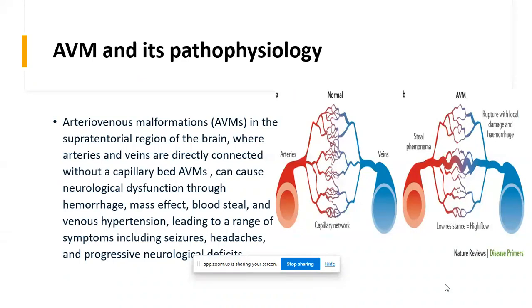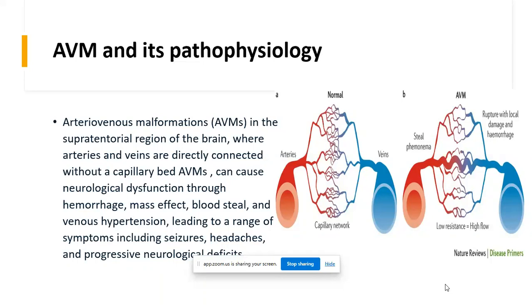This can lead to neurological dysfunction through hemorrhage, mass effect, or blood steal. If the hemorrhage is in the subarachnoid space, it may manifest as subarachnoid hemorrhage. If it is in the intraventricular space, it might manifest as an intracerebral bleed. Symptoms can present as a sudden or severe headache, seizures, and neurological deficits depending on the location and extent of the bleeding.